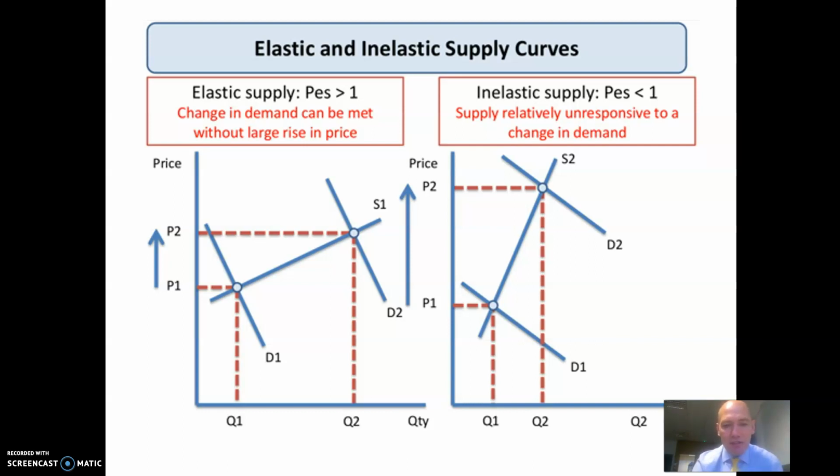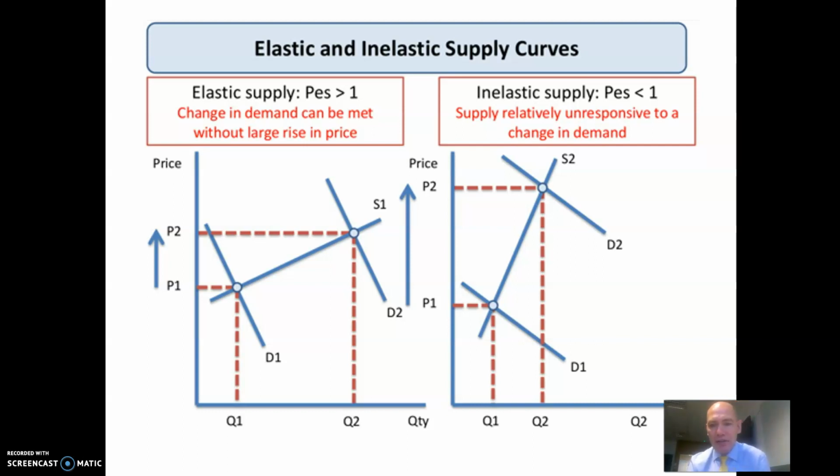The rise in price from P1 to P2, the proportionate change in quantity supplied is greater than that proportionate change in price, and as a result we can say there is elastic supply. So this large change in demand has been met without a significant increase in price.